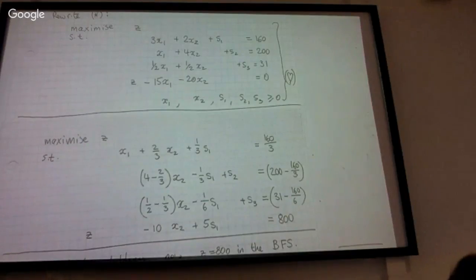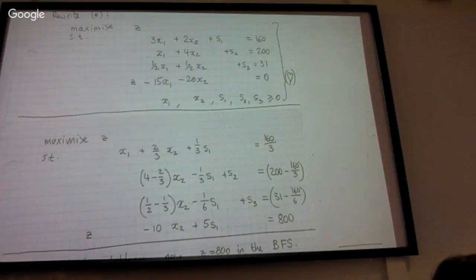which variables are in the basis in this tableau? X1, S2, and S3, yes. So X1 corresponds to the first equation because it's there with coefficient 1, and it doesn't occur in any of the other equations. And S2, S3 in the next 2 equations.